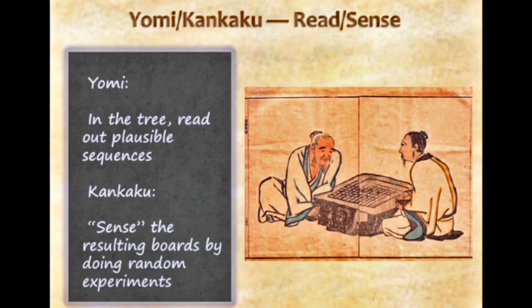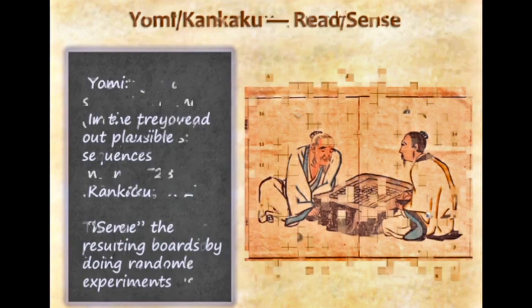It reads sequences of plausible moves, and when it reaches the end of the reading, it does a random experiment which represents the Kankaku. It is the feeling we have about the resulting position. Of course, humans do it a few times and very accurately, and computers do it thousands of times, and only the whole picture makes sense.